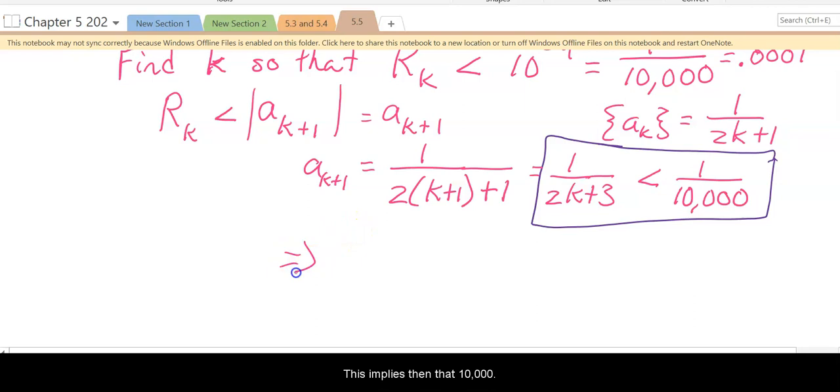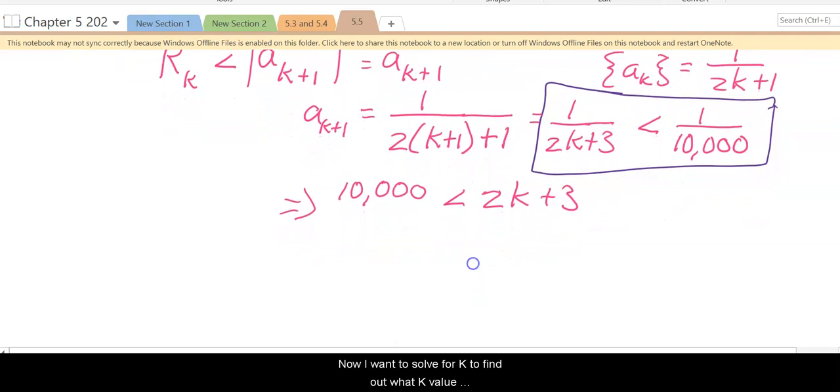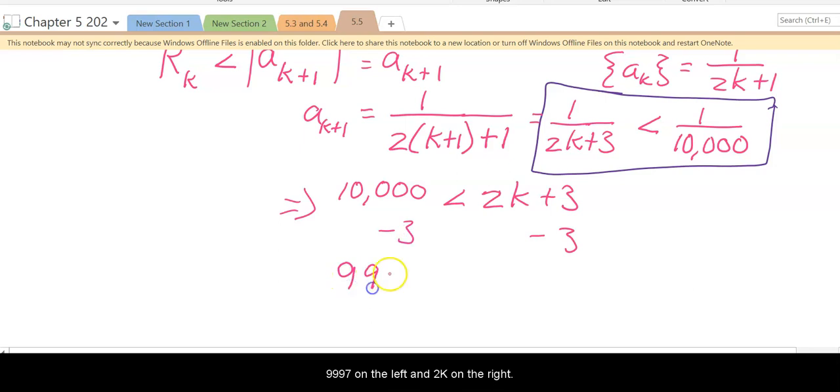This implies then that 10,000 must be less than 2k plus 3. Now I want to solve for k to find out what k value guarantees that that occurs. I can subtract the 3 from both sides, and that leaves me with 9,997 on the left and 2k on the right.